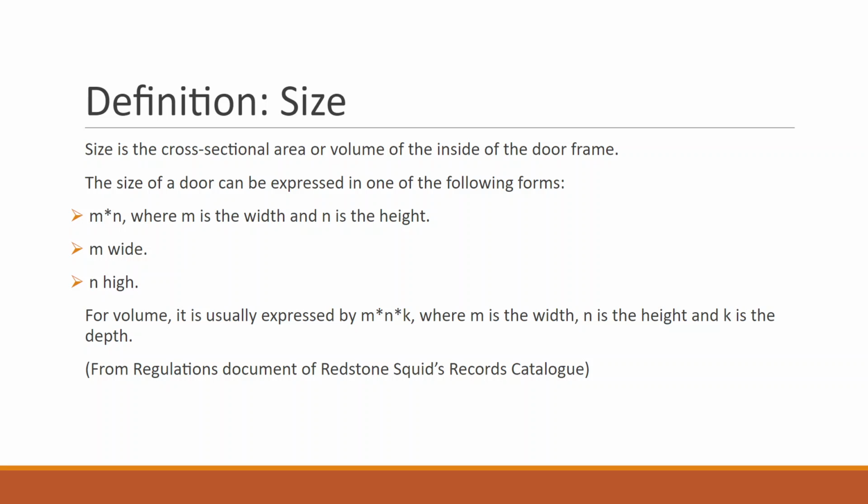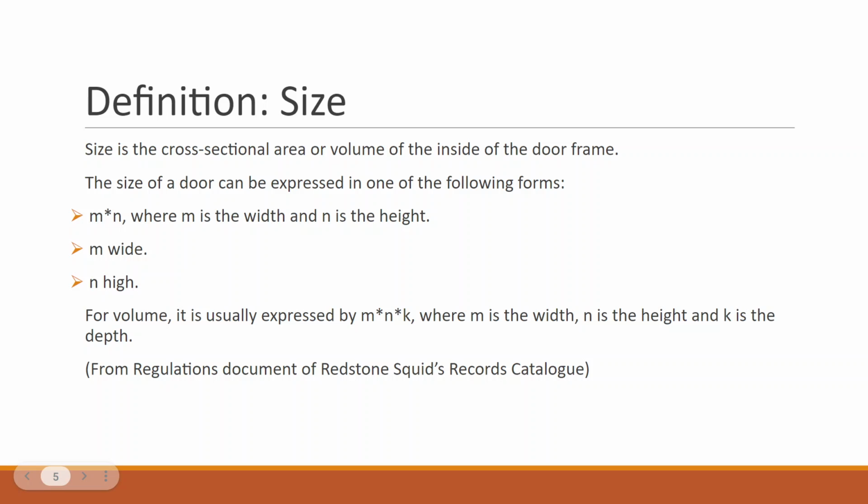And the size of the door can be expressed in one of the following terms. This might look complicated, I'll explain it later. So we have the first one, which is m by n, where m is the width and n is the height. We also have m wide or n high. It's quite vague for these terms, but I'll explain later how you would apply them.